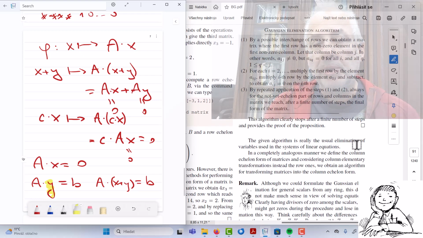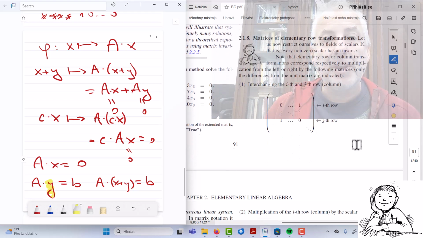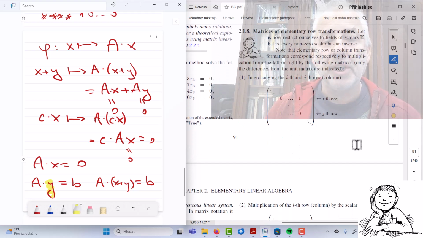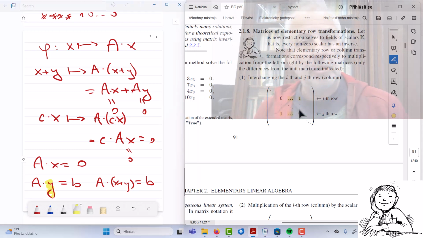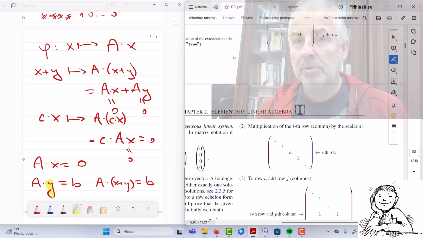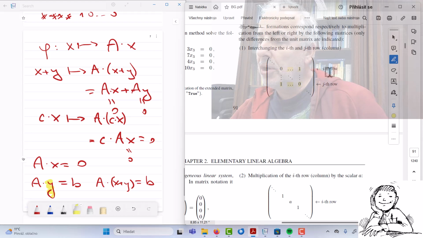So the Gauss elimination I already more or less indicated. And now a very, very important point is that actually all the elementary transformations which are used in the elimination, so interchange, exchanging the rows, is given by multiplying our matrix A from the left by this very matrix, right?